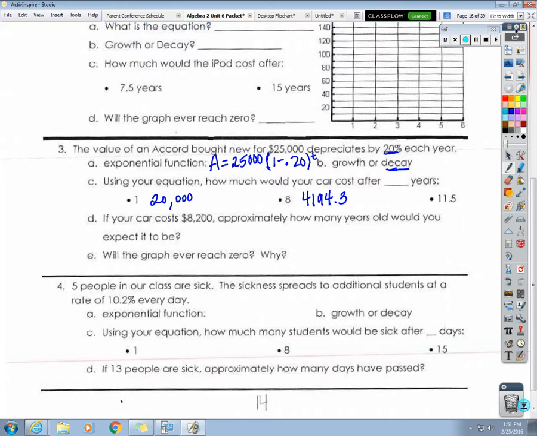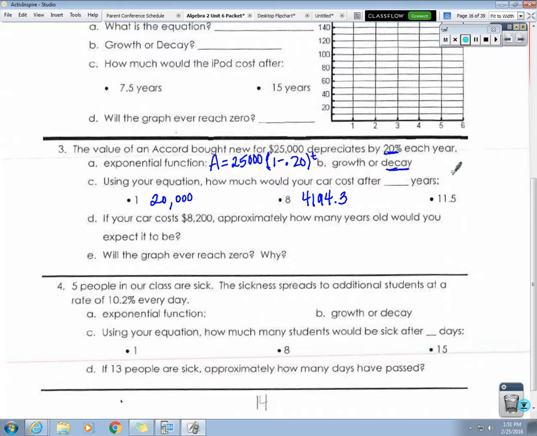And then 11.5 years. 1,920. You're right, that's what's up there. Did you type in 25,000?